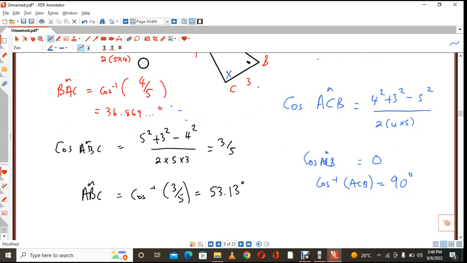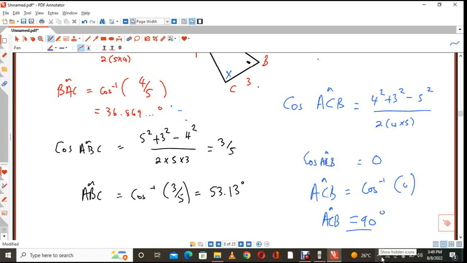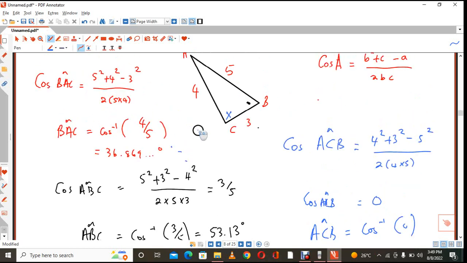If you want to be diplomatic about it, you say angle ACB equals the inverse cosine of 0, and angle ACB is nothing but 90 degrees. Hence that triangle is a right angle triangle.